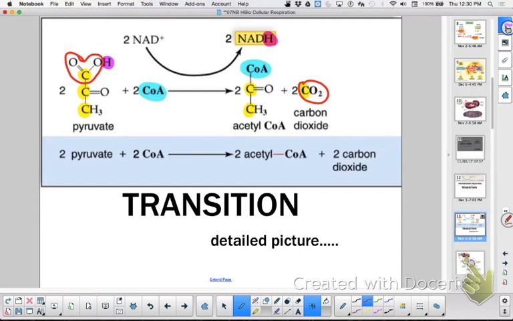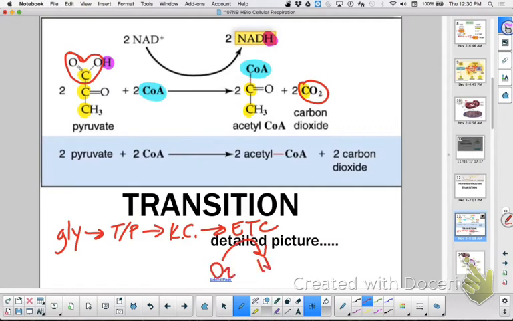This is aerobic respiration, right? We haven't even got aerobic yet. Okay. Now, the thing is, when you do glycolysis, you do transition prep, you're going to do the Krebs cycle, and then you're going to do the electron transport chain. This is when you need the oxygen, and it's going to form the water, not till here.